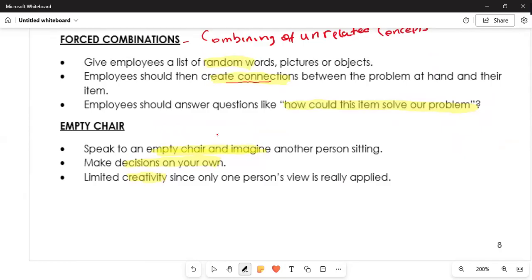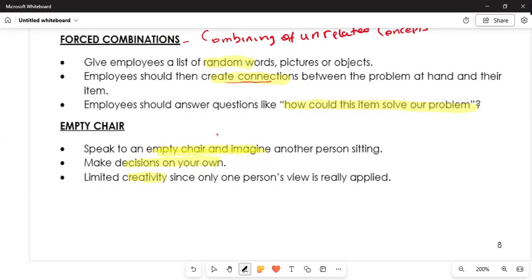In the empty chair technique, you speak to an empty chair and imagine another person is sitting there. So you are presenting to your chair, and you act as if there is someone listening. That is going to improve your confidence. It prepares you to be very confident, and it helps you to solve problems alone.